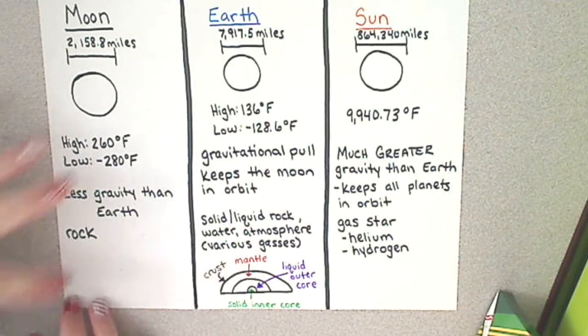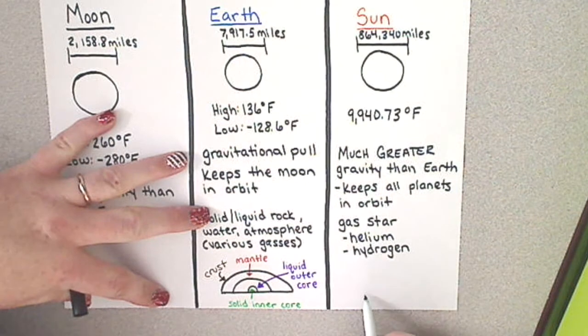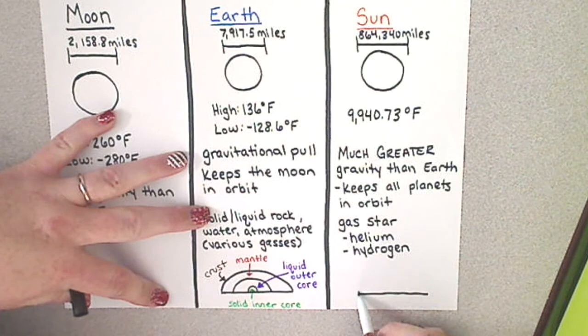All right. Now let's take a look at the sun. The sun is a little more straightforward because for our purposes, in some of the articles that you're going to read, it's going to talk about a lot of different other pieces that make up the layers and the composition of those layers of the sun. But there are only 3 that I need you to focus on. So once again, we're going to draw our little cutout.